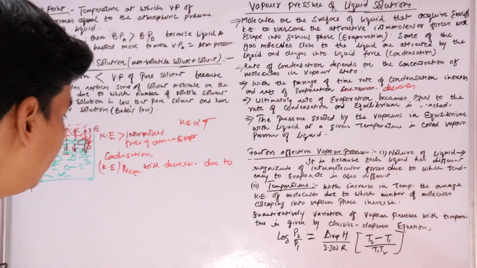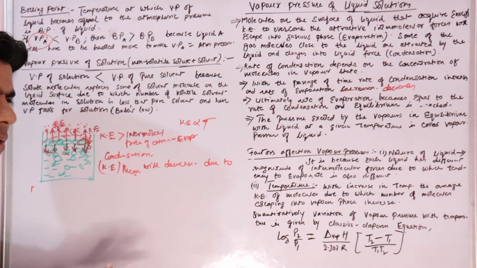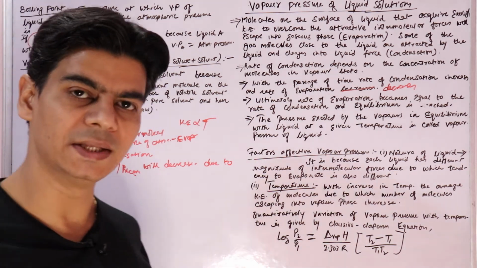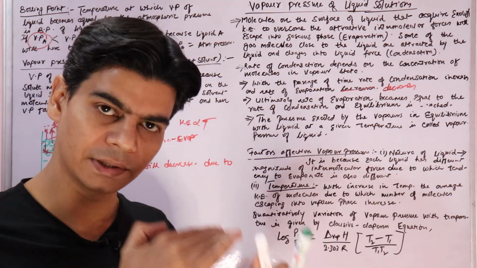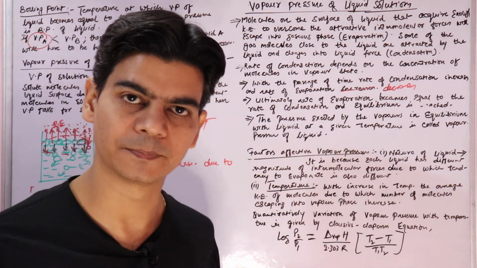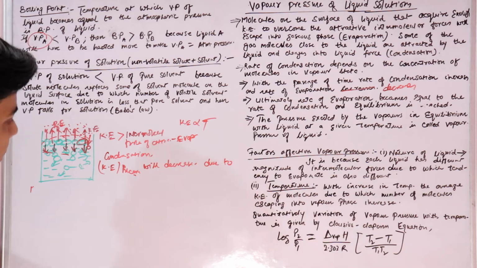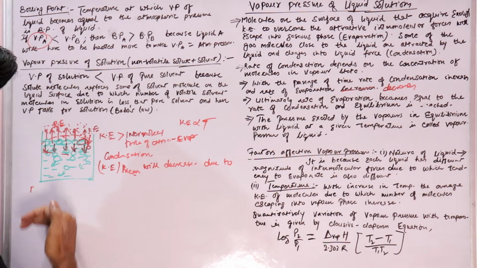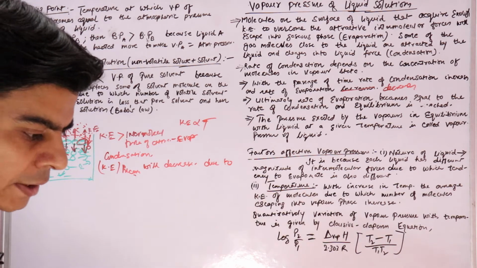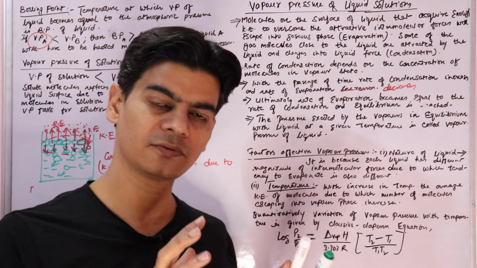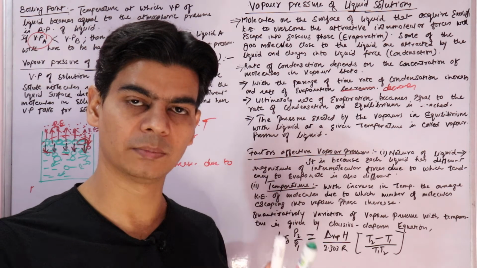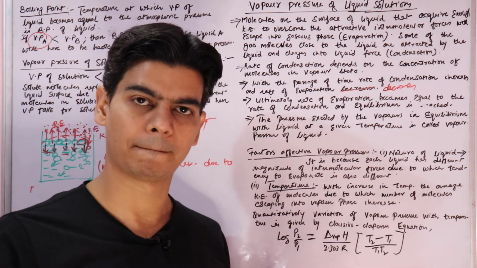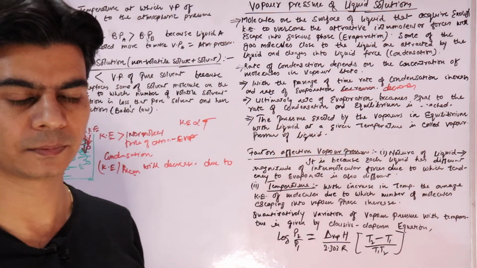And when the concentration of vapors increases at the surface, the tendency of vapors to condense, or to get attracted back into the liquid, will increase. So slowly what will happen, first the rate of evaporation is high. When there are enough vapors above the liquid surface, the vapors will start condensing back into the liquid.